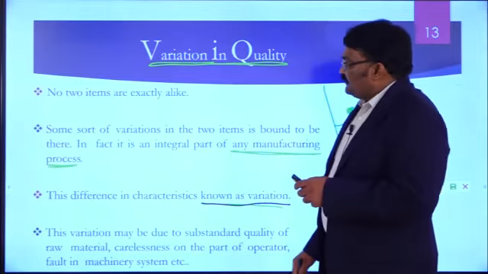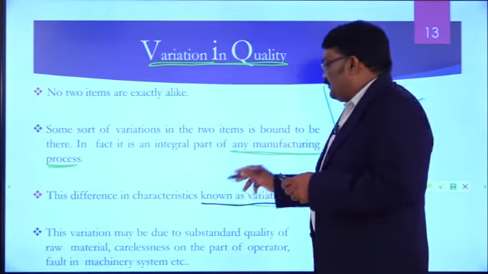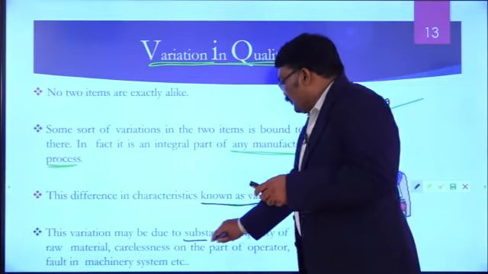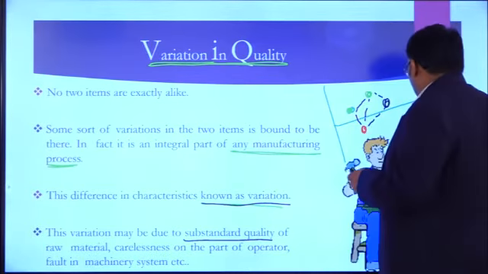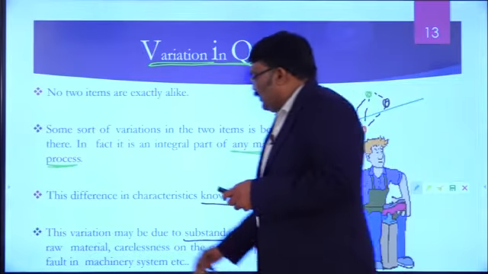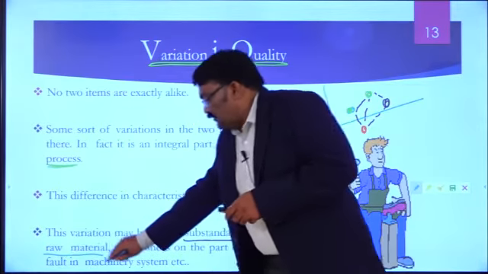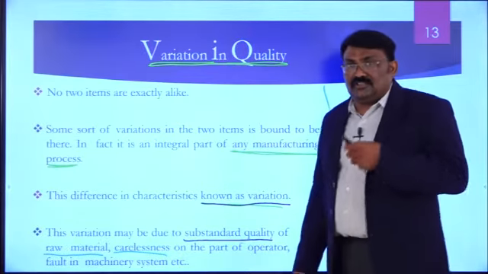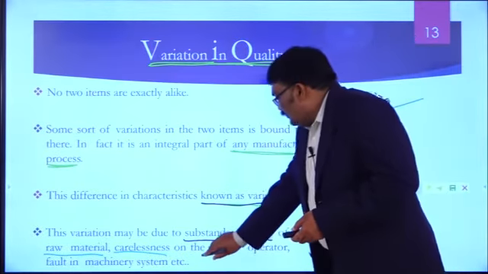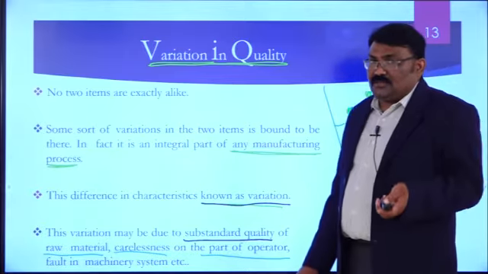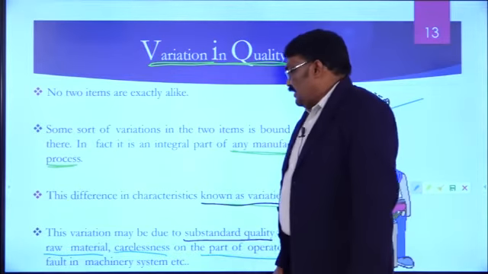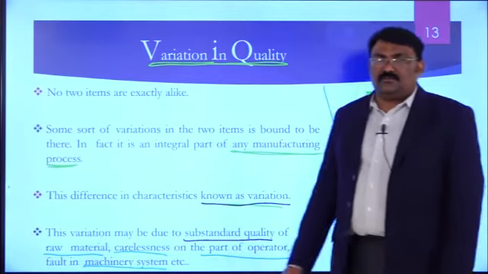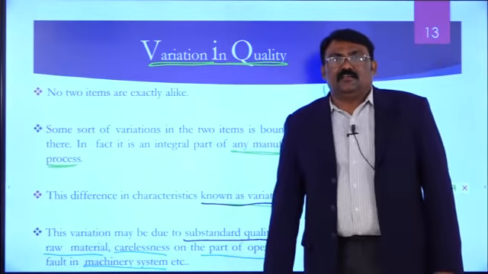Now, coming to the next one, this variation may be due to substandard quality, meaning quality has not been completely ensured, or because of the raw material quality, or carelessness from the employees while doing the job, or on the part of the operator running the operation, or a fault in the machinery system.